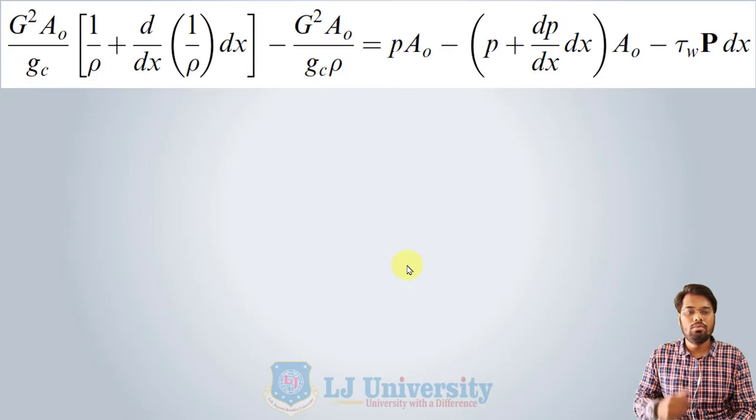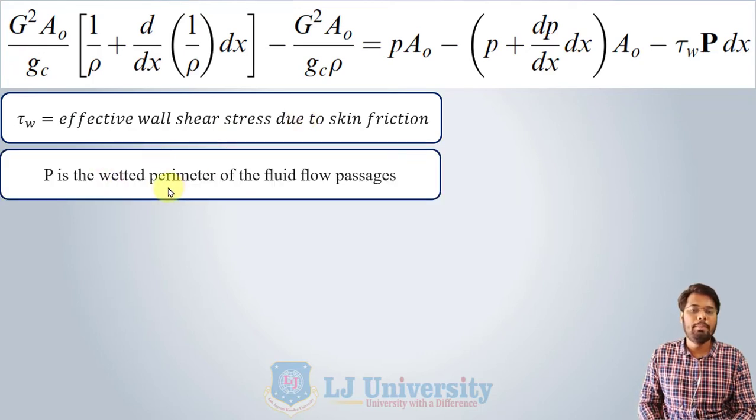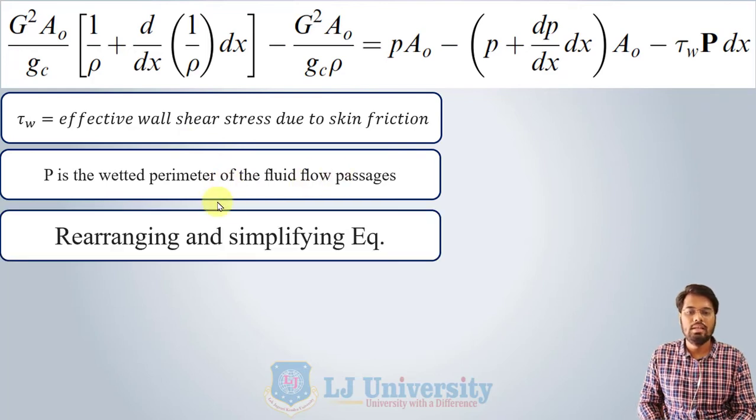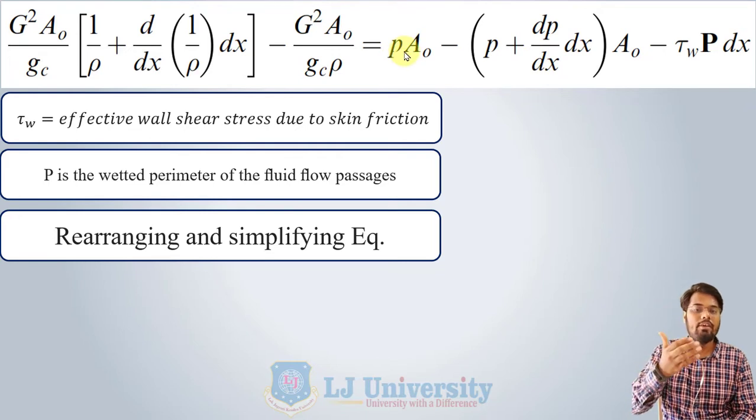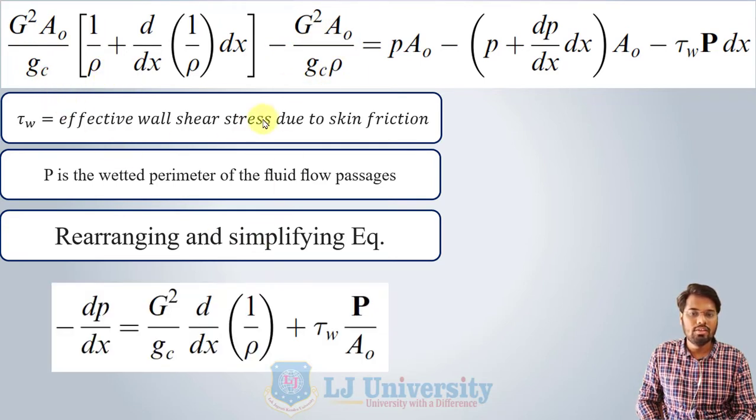Now simplifying this equation: tau W is the effective wall stress due to skin friction. Capital P is the wetted perimeter of the fluid flow passages. This is a complex equation, so we have to simplify it. Opening the bracket, G square into AO by gc into 1 upon rho, the AO cancels out.